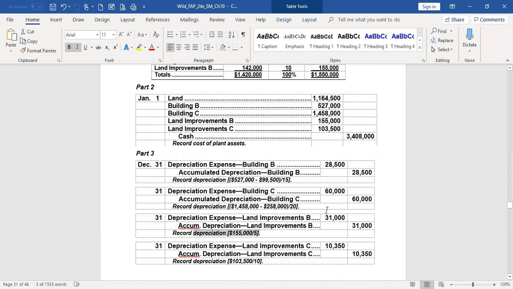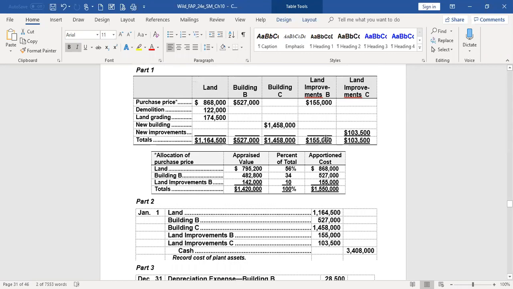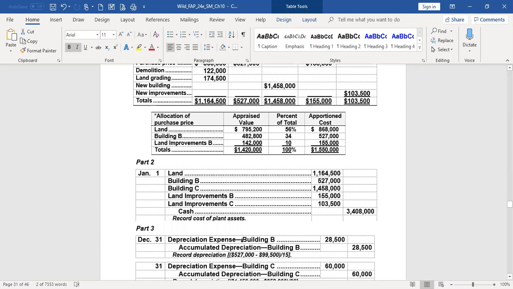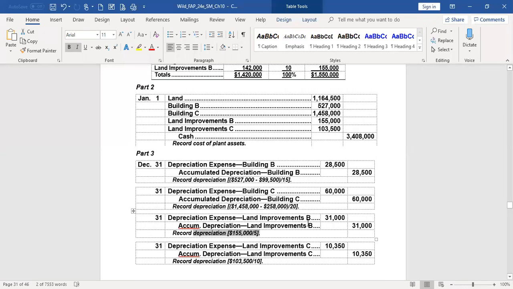So we'll take their total cost we determined up here, $155,000, divided by 5 years, debit depreciation expense, credit the accumulated depreciation for land improvements B, $31,000. And finally, land improvements C at the top of page 391 have no salvage value and a 10-year life. So $10,350 will be the amount of depreciation each year that we will debit the expense and credit the accumulated depreciation account.